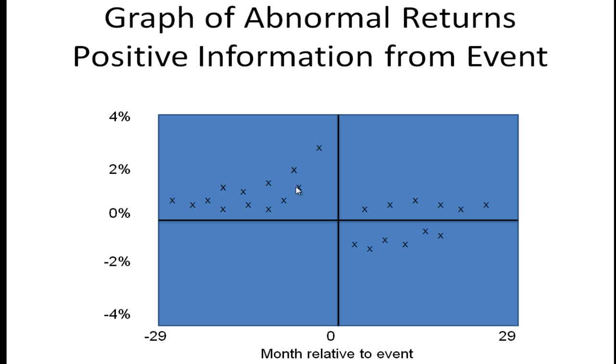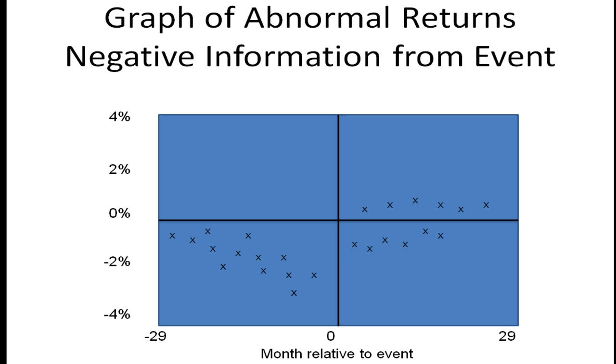And in fact, as they get closer, they're even more optimistic, and the return from the stock goes up even more. But notice these are all positive. We don't have positive, negative, positive, negative. We have all positive ones here. And then after the announcement is made, it seems to go back to being somewhat random. Some are above the line, some are below the line, etc.